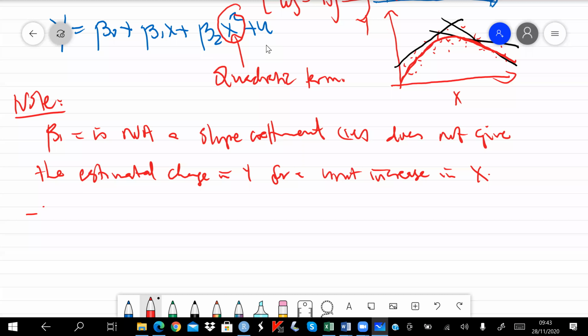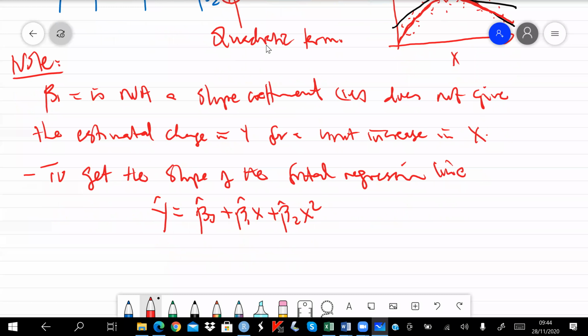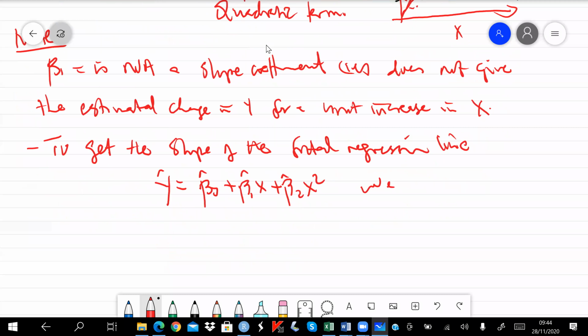If you want to know the slope of that line, you consider the following. In order to get the slope of the fitted regression line, which is given by y estimate is equal to beta naught estimate plus beta 1 estimate x plus beta 2 estimate x squared, we use differentiation.